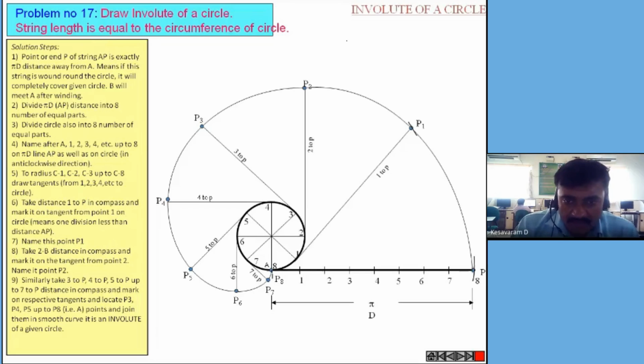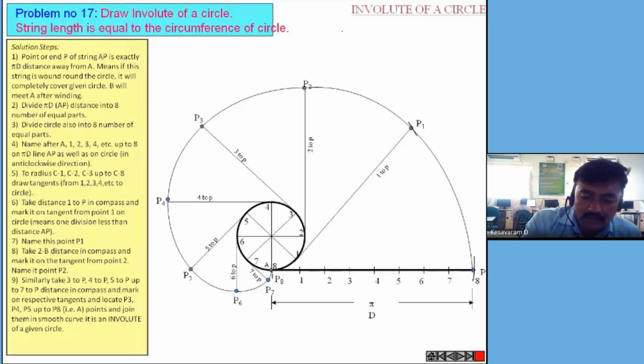The visible thing in your diagram is only the points P, P1, P2, P3, P4, P5, P6, P7, and P8. The curve which connects these points only should be visible using the H pencil. All other construction lines should be drawn using your 2H pencil alone.